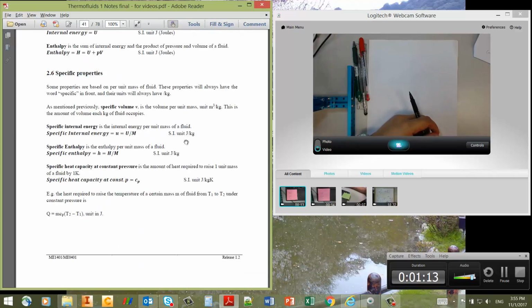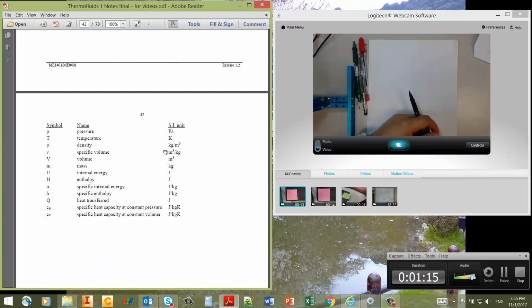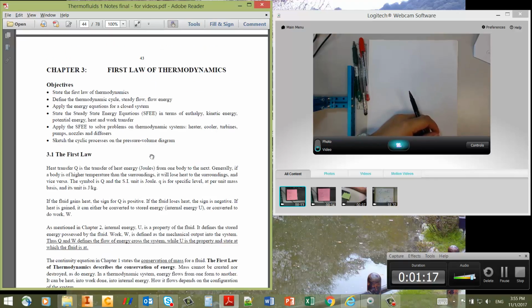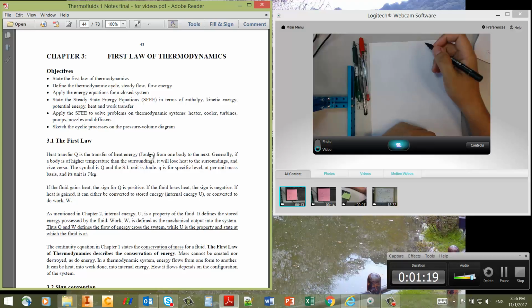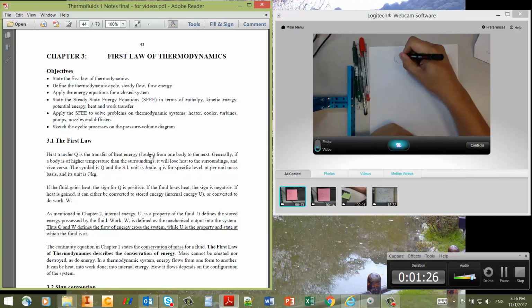So chapter 3 is going to look at the fundamental principle of the first law of thermodynamics. That is where your heat and work will come in.